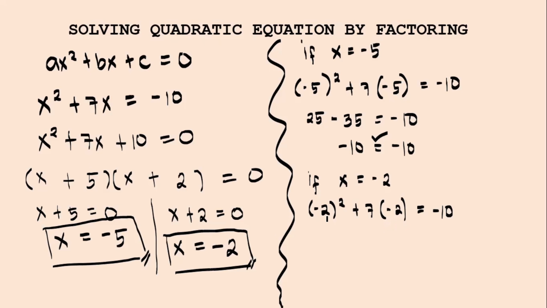So next, negative 2 squared is positive 4. 7 multiplied by negative 2, that is negative 14, is equal to negative 10. And 4 minus 14, that is negative 10, is equal to negative 10. Again, nag-satisfy. Ibig sabihin, this x is equal to negative 2 is one of the roots or one of the solutions for this given equation, which is x squared plus 7x is equal to negative 10.